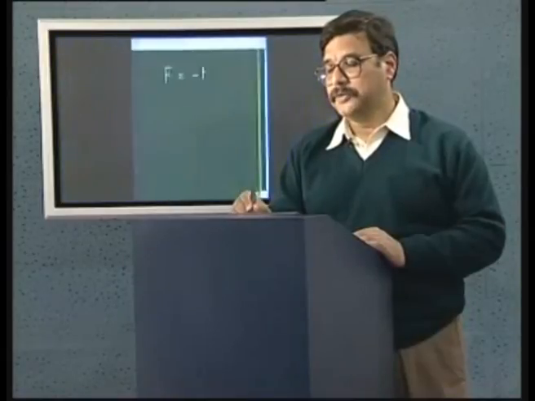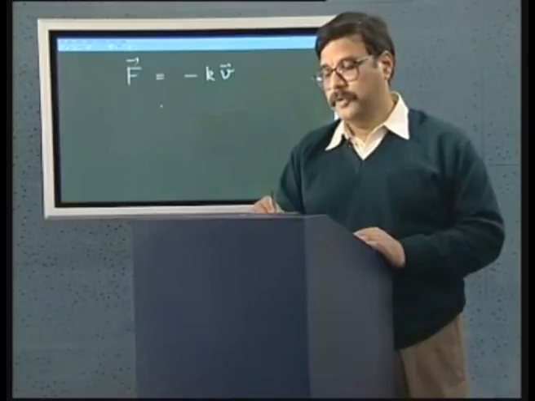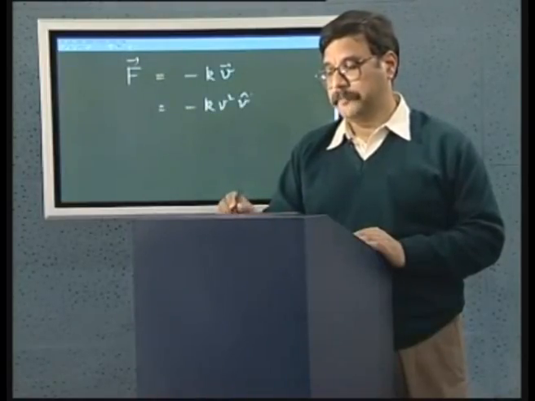So what we have done in this lecture is shown through some examples how the drag force affects the motion of a particle. I have considered the simplest possible form where F is proportional to the velocity itself, and another form where F is proportional to the velocity square.